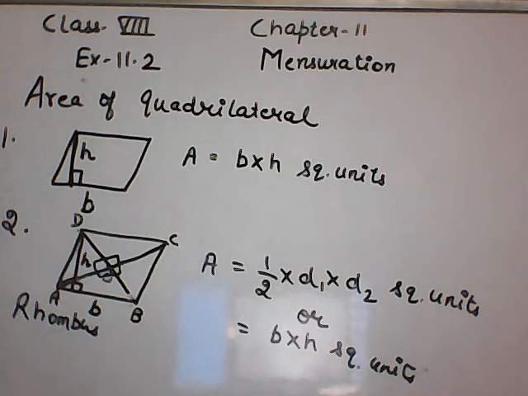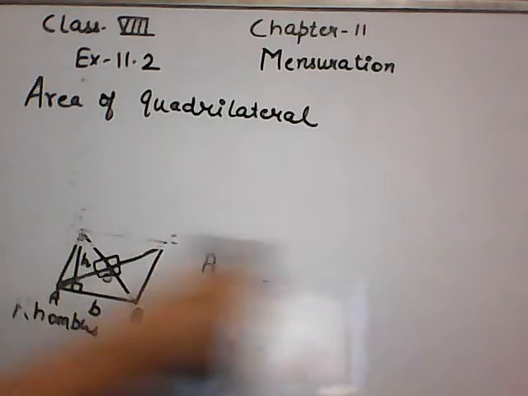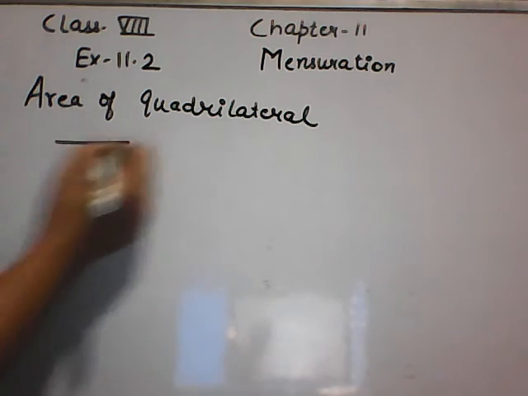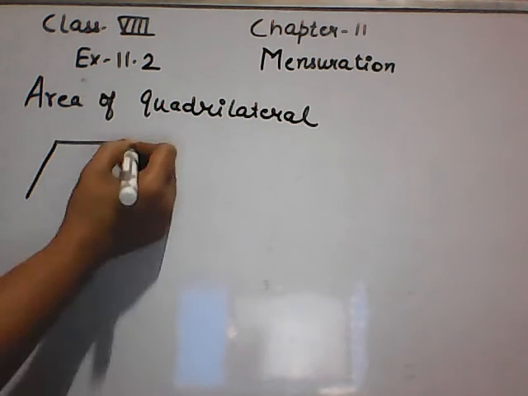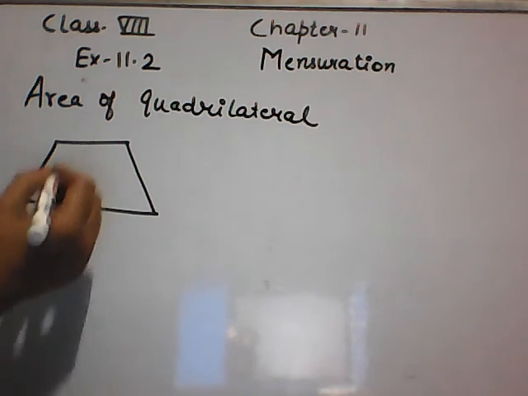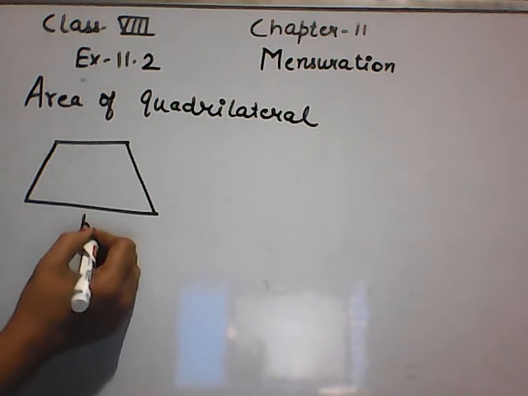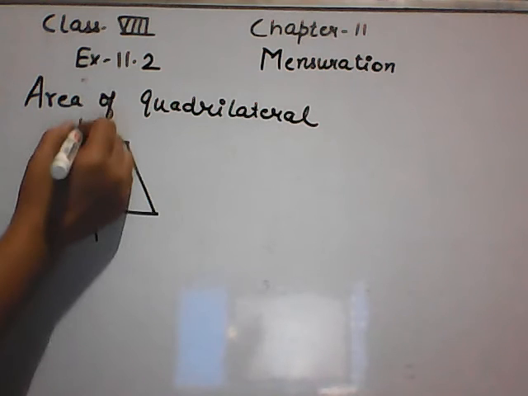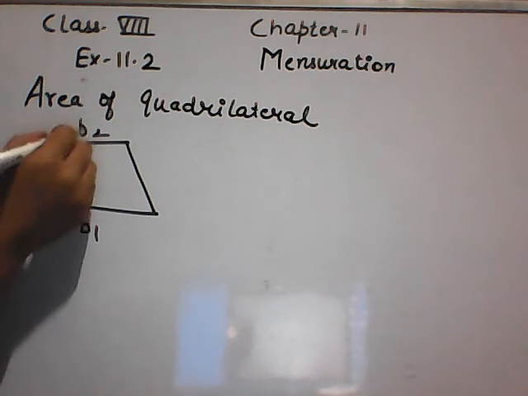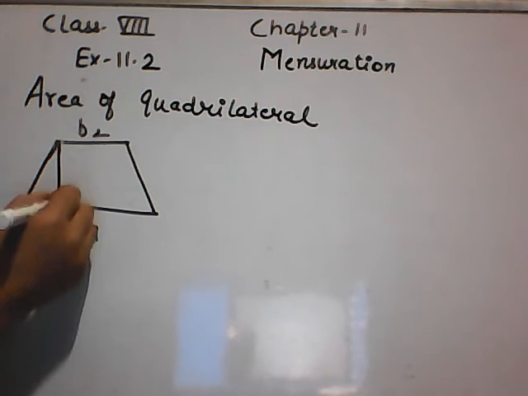Next, suppose a trapezium is given to you and you have to find the area of the trapezium. Then you can find it by using a formula. In a trapezium, we know that there are two parallel sides and two non-parallel sides. Suppose the parallel sides are b1 and b2, and there is a height, a perpendicular from this vertex to this side.